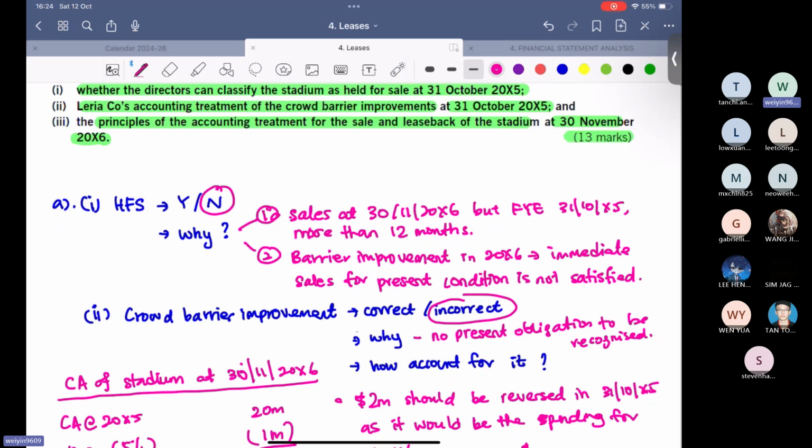I need the journal entry. You give me the journal entry, then I can conclude today's class is done. So try this one. I repeat, I need the journal entry.